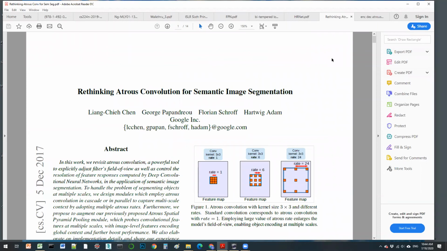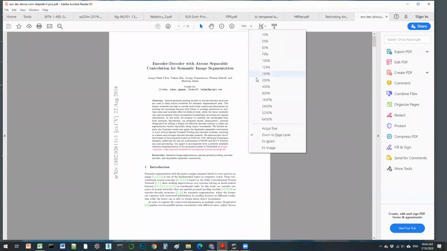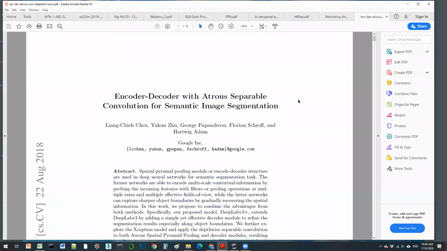Okay, so this is the, and don't shame me on how many PDF tabs I have open. But this is the DeepLab v3 paper. I just downloaded it last night, but I haven't had the chance to look at it yet. And this one is the DeepLab v3 Plus paper, from Google.